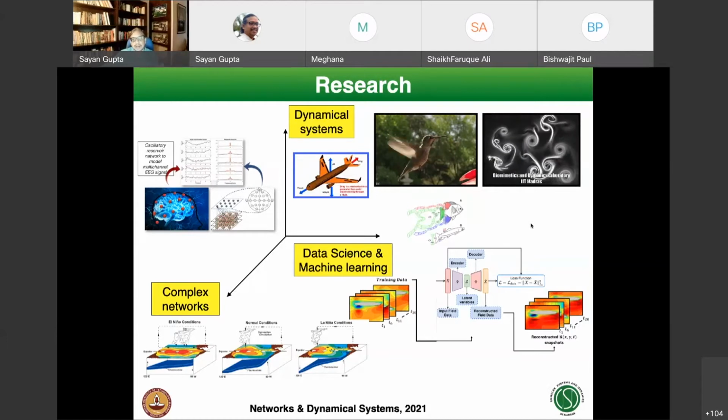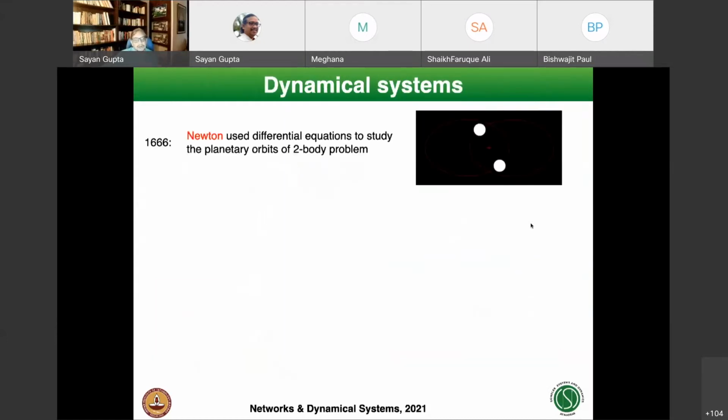Now, let us go to how they are connected. To explain that, let us go into the history of how the study of dynamical systems started. This was started around the 1660s by Newton, when he started investigating the dynamics of planetary orbits, the two-body problem. So he was basically studying the movement of the Earth and the Moon.